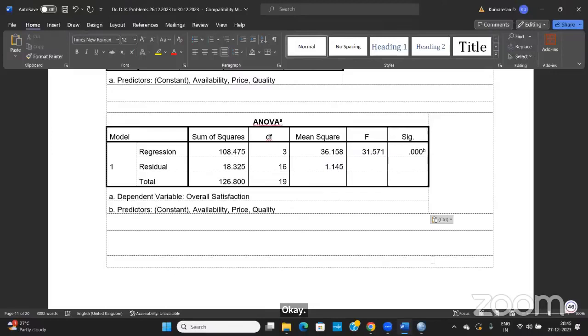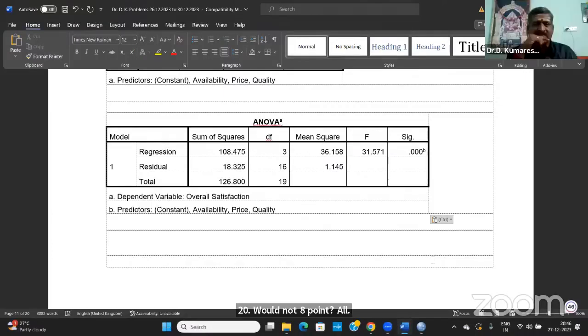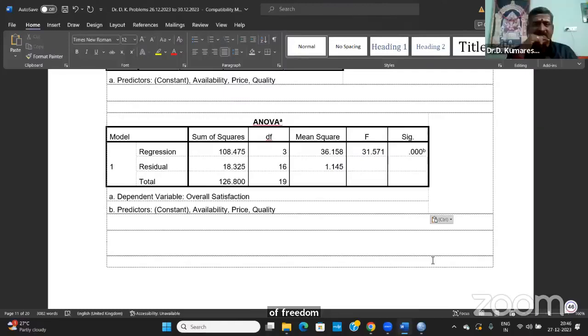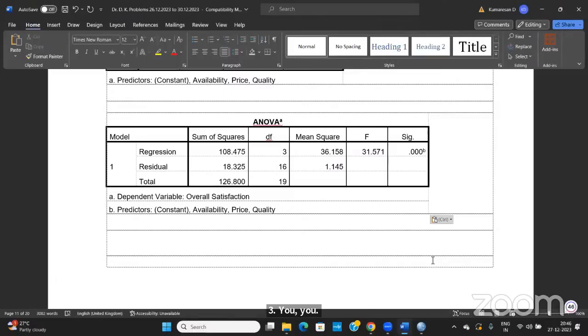What is the sum of squares for the first one? That is regression, 108.475. Then the degrees of freedom is 3. If you divide 108.475 by 3, you will get the mean square, that is 36.158.